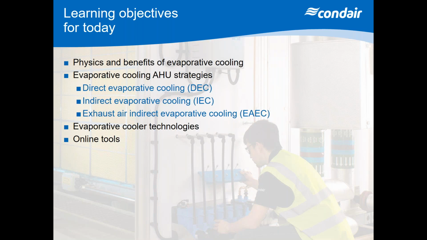First of all, direct evaporative cooling, then indirect evaporative cooling, and then exhaust air indirect evaporative cooling. For each of these strategies, we're going to look at a live case study so you can understand how each process works and the energy savings that have been experienced by using these strategies. And then after that, we're going to take a look at different evaporative cooler technologies and the pros and cons of applying them. And then finally, a brief mention of some online tools.